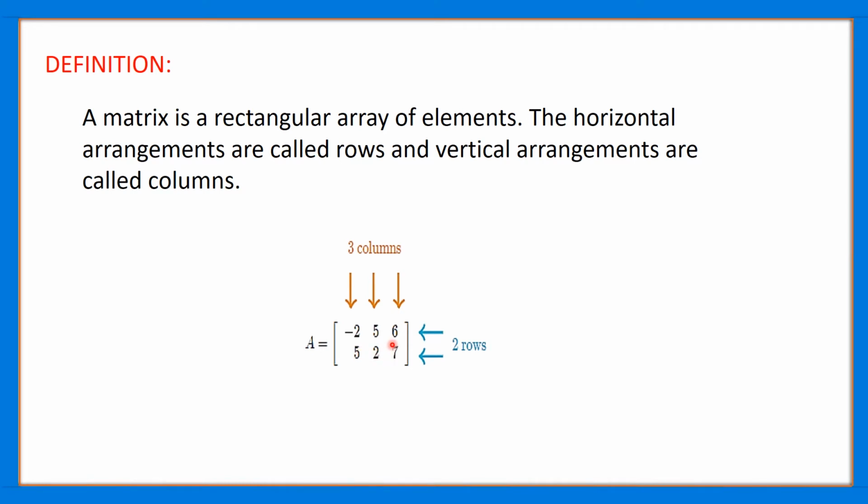When we look into this matrix, there are 3 columns and 2 rows. So this rectangular arrangement is called a matrix and it is nothing but a rectangular array of elements. These -2, 5, 6, 5, 2, 7 are all called elements of the matrix.